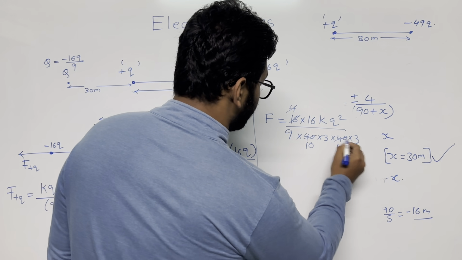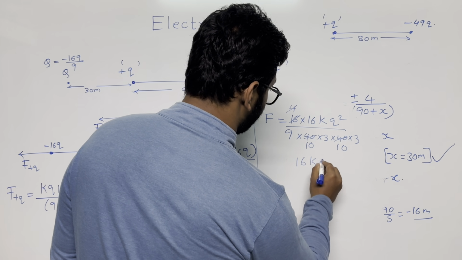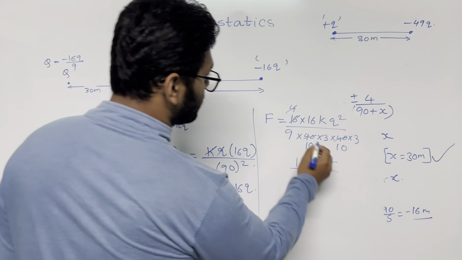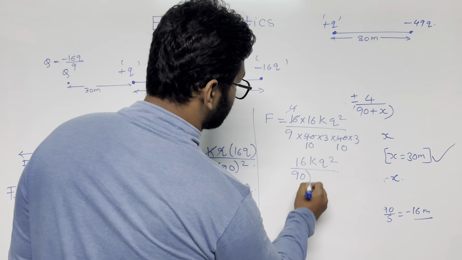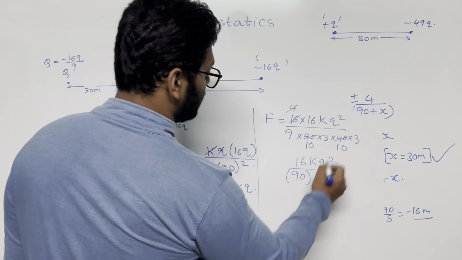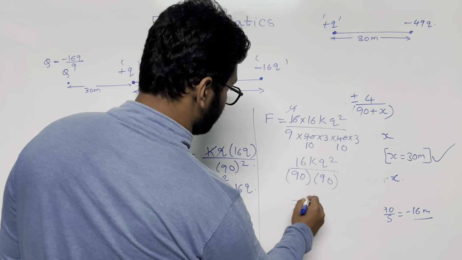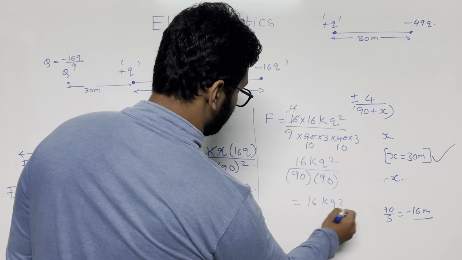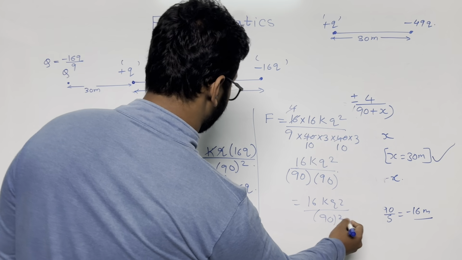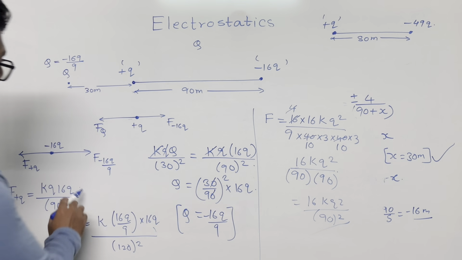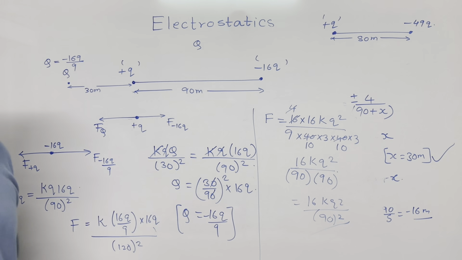So this is 30 into 30, that is 16 Kq square divided by 90 square. This is 16 Kq square by 90 square, and this is also 16 Kq square by 90 square. So both of them are equal. So yes, indeed it is correct, right?